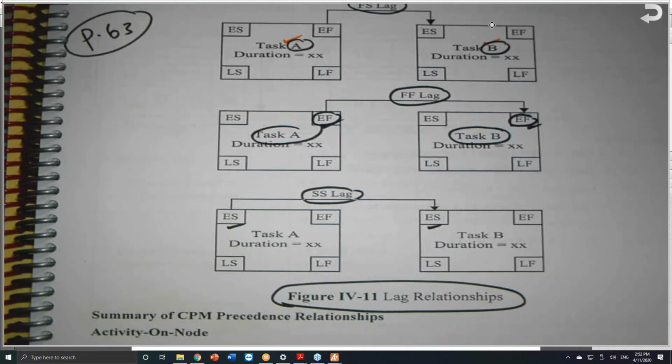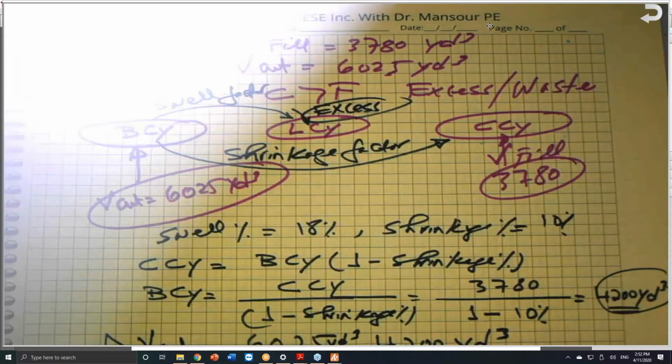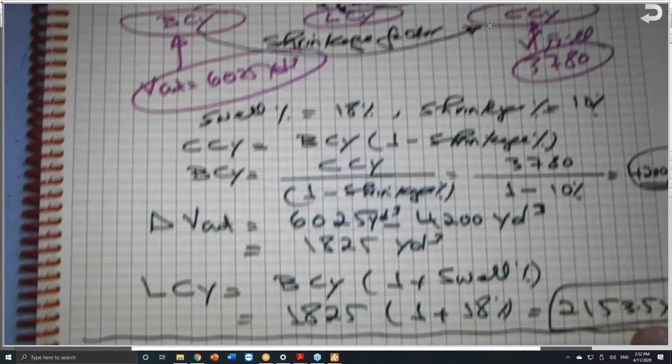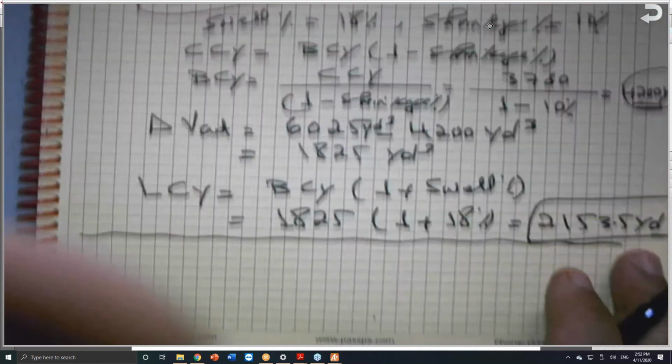Why do we need to have a lag? Lag is an amount of time that an activity can be delayed in order to achieve something.